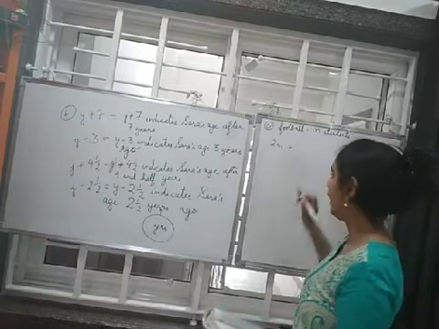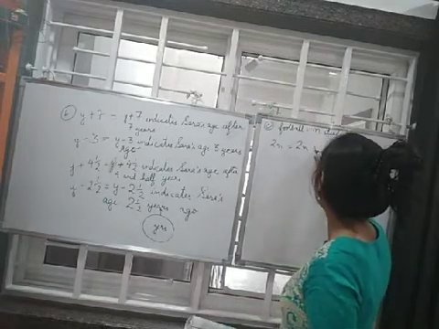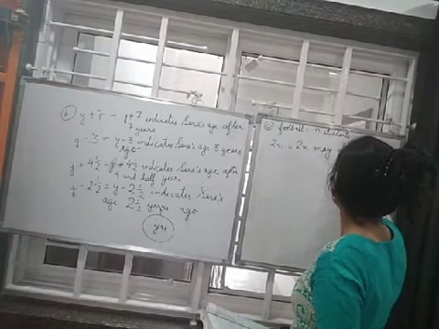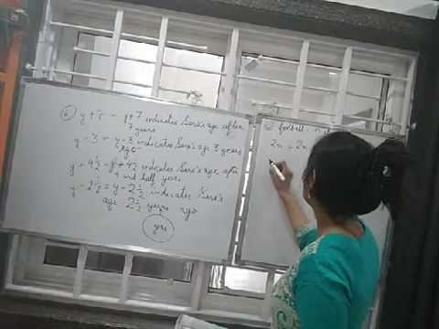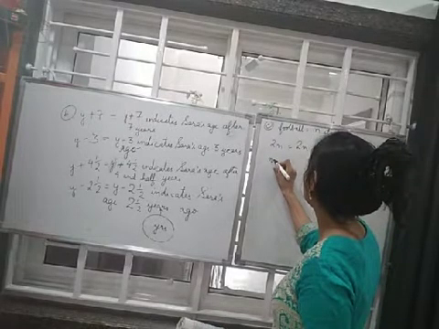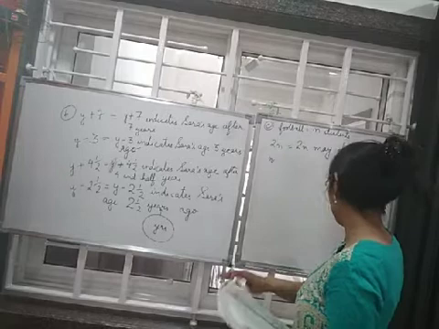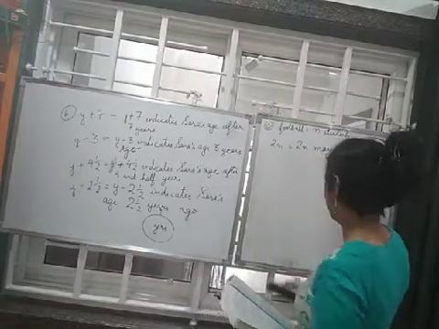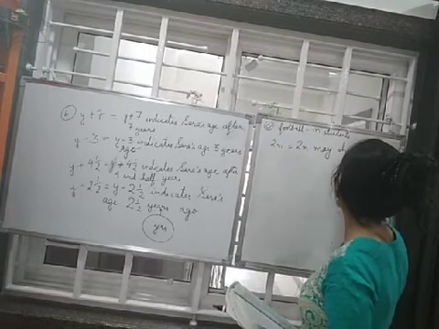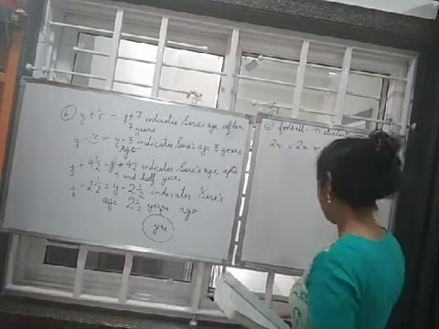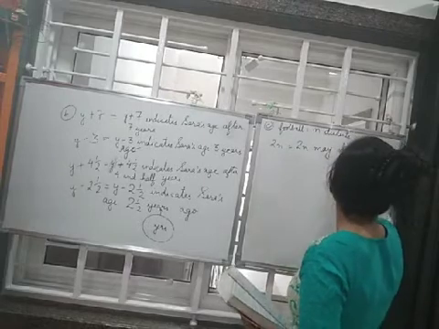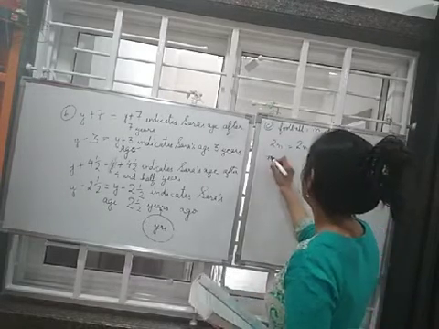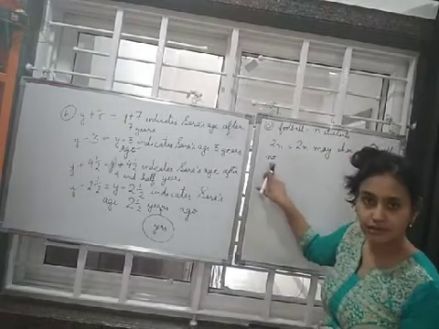So, 2n may show the, we have to write twice. 2n may show twice, the short form, children.